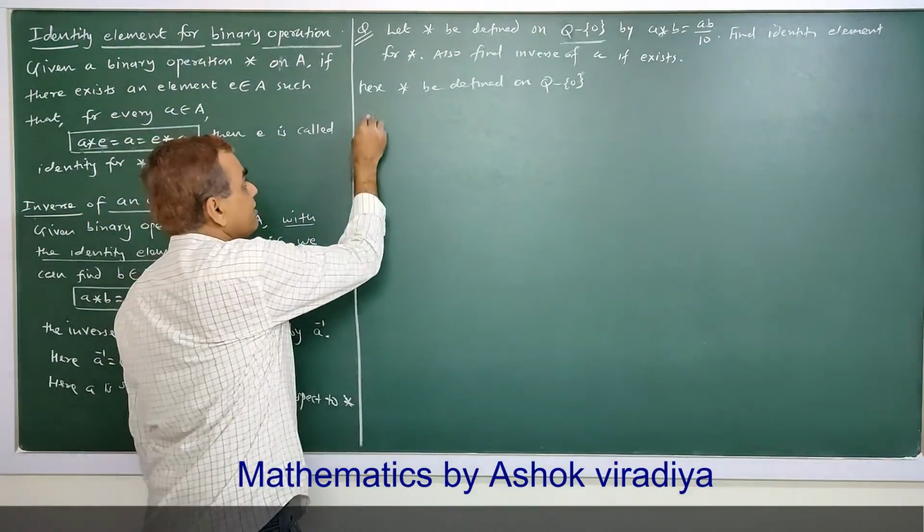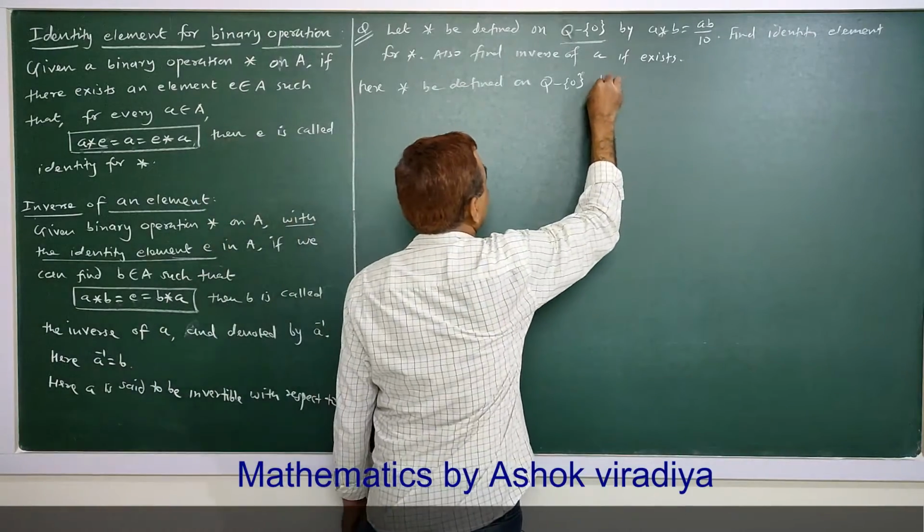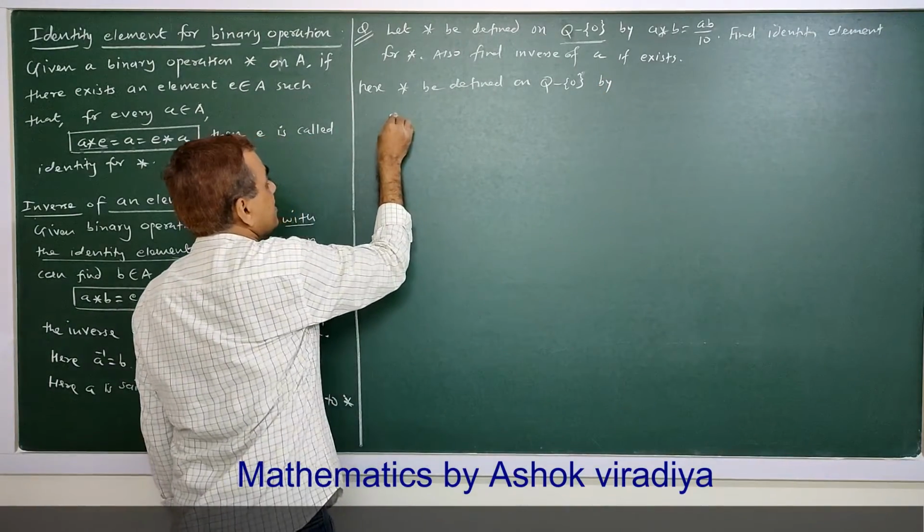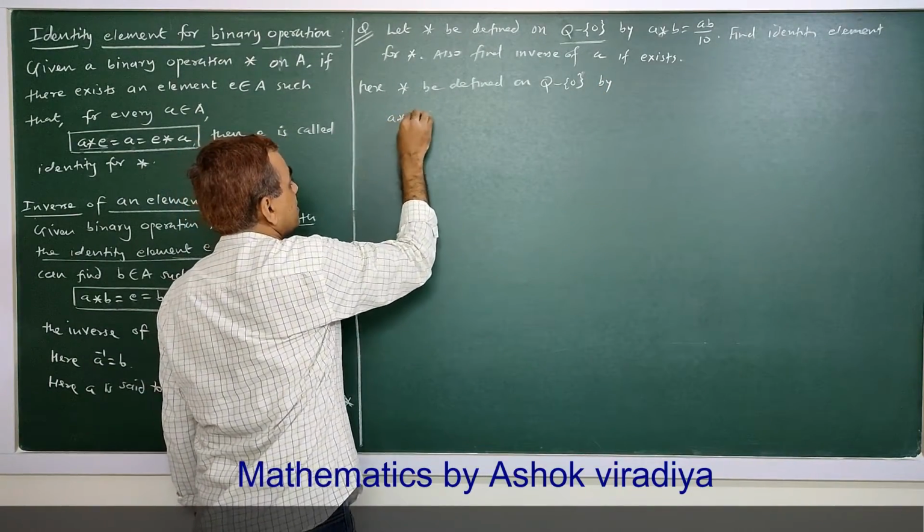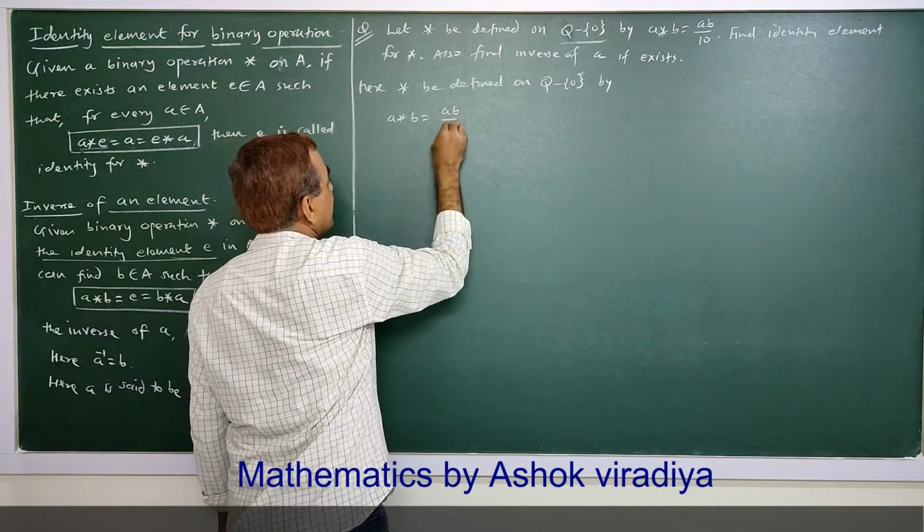It is defined by A star B equal to AB by 10.